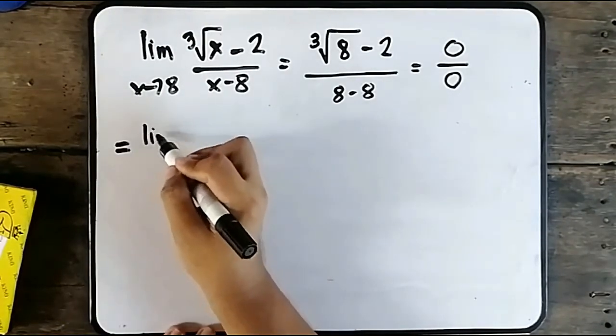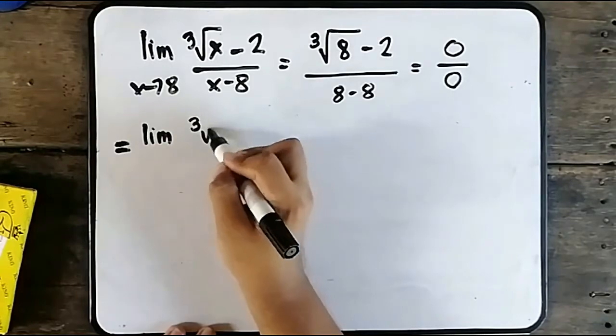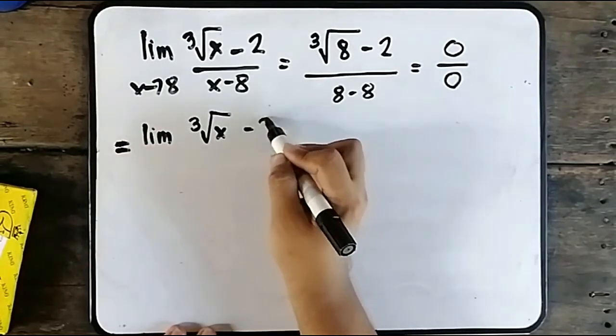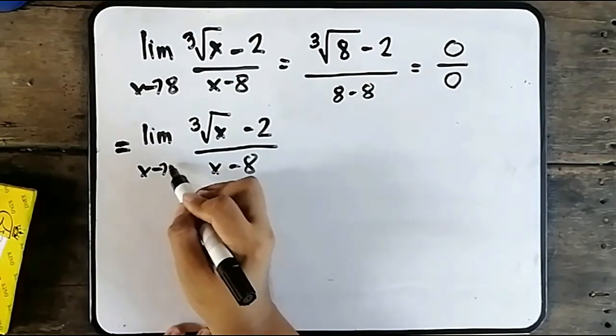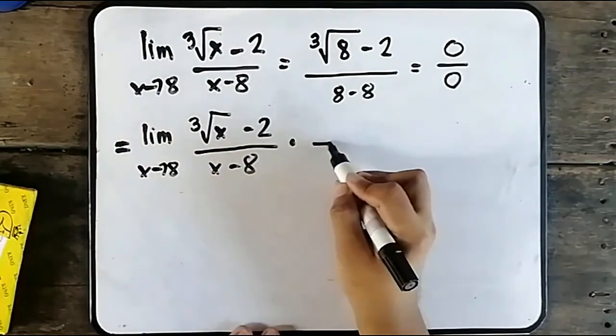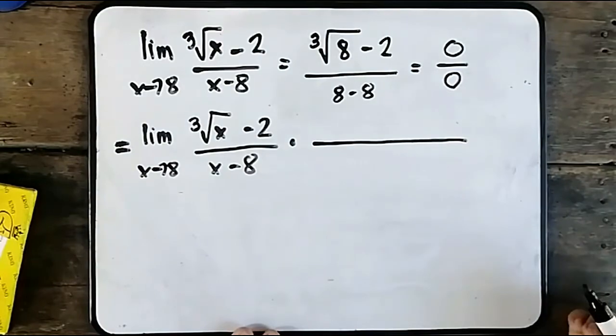So, we now have the limit of the cube root of x minus 2 over x minus 8 as x approaches 8 times, anong imumultiply natin?